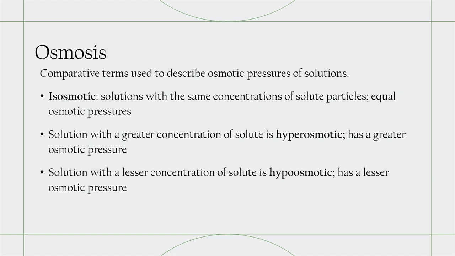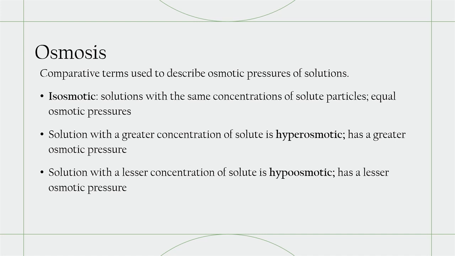So there are some terms we need to understand here. Okay, why do we care? So in osmosis, there are solutions that are isoosmotic, so they have the same concentration of solute particles, so there are equal pressures on either side of this invisible membrane, right? So really diffusion and osmosis are not moving anywhere because it's balanced.